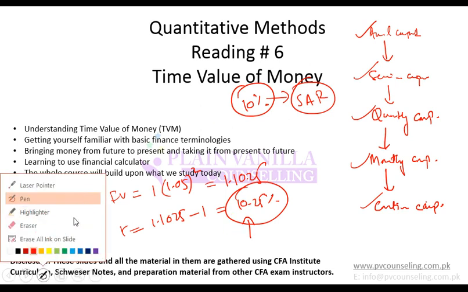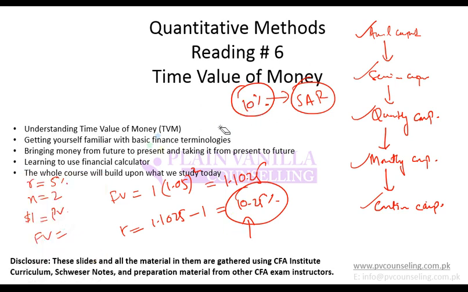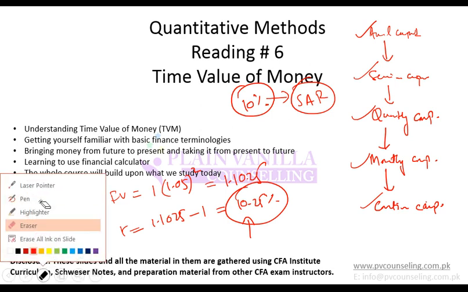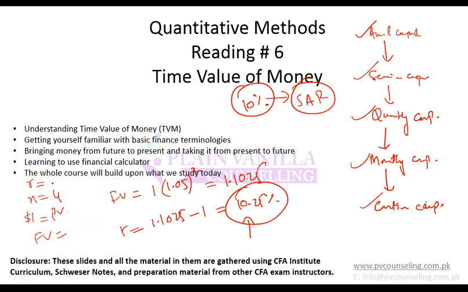If I have to convert 10% SAR into an effective rate for quarterly compounding, then I take n as 4 and I take 2.5% as the rate.